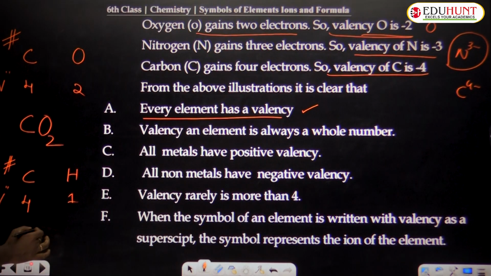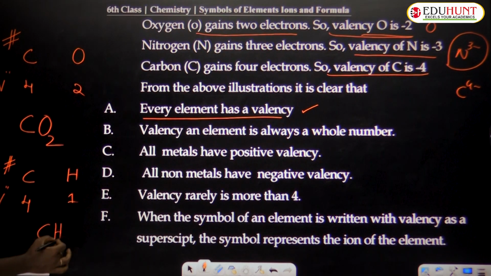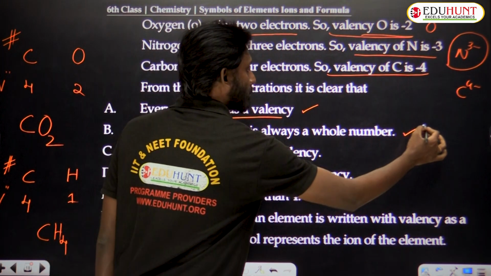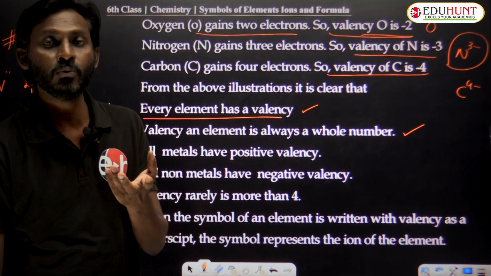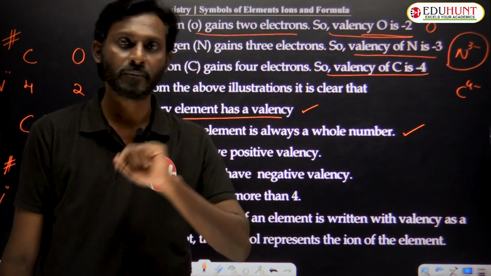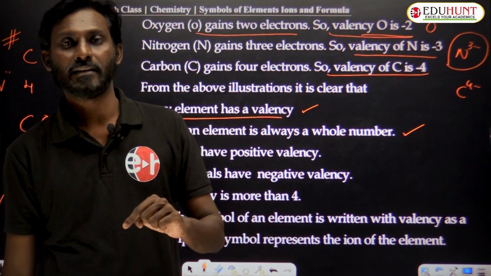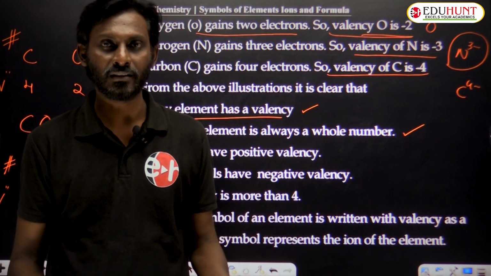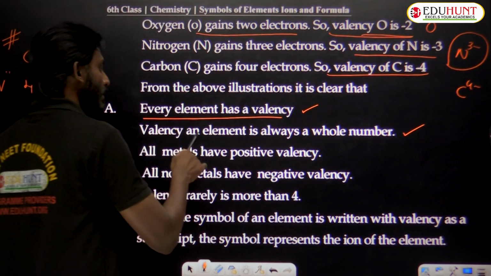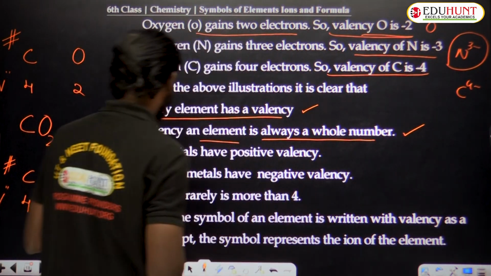That's why one carbon can combine with 4 hydrogens. Are you getting this? And the valency of an element is always a whole number. Why? How did we define valency in the modern way? The number of electrons lost, gained, or shared. So it can't be a fraction. That's why valency of an element is always a whole number.